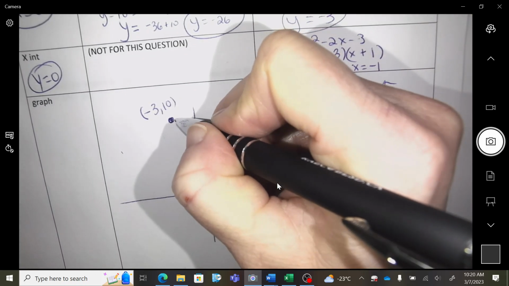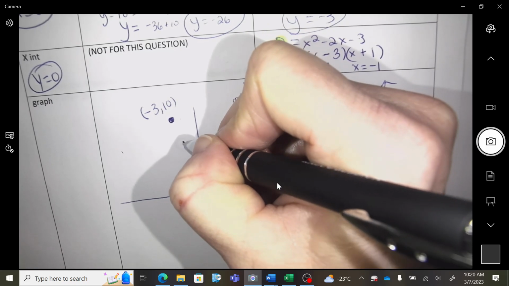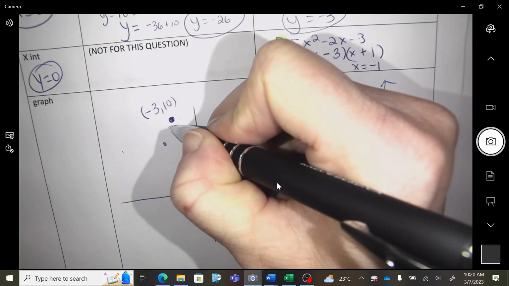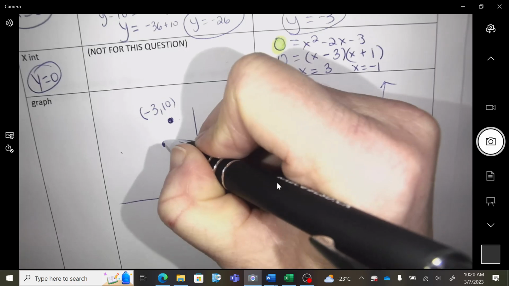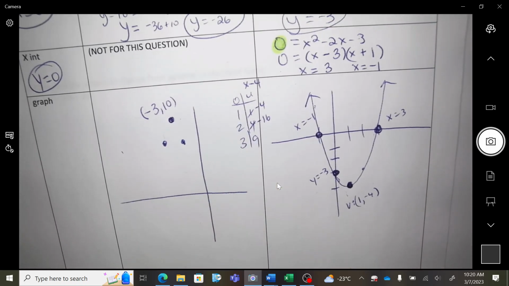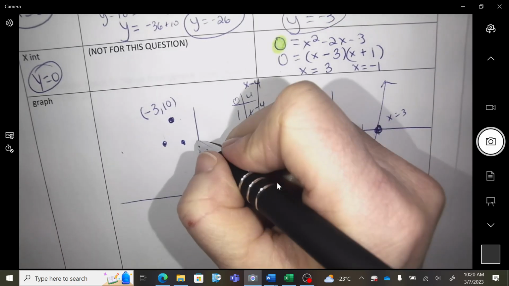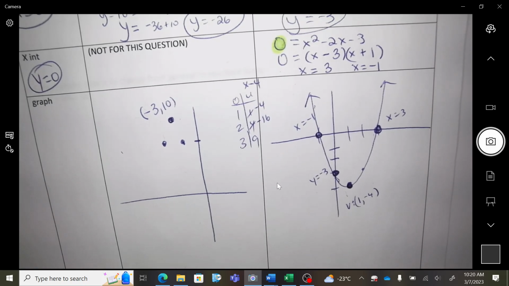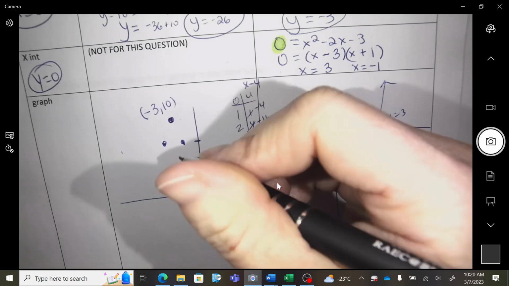So I'm going to go 1 over and 4 down. I'm not going to specifically graph a bunch of tick marks, but what height are those at then? 6?